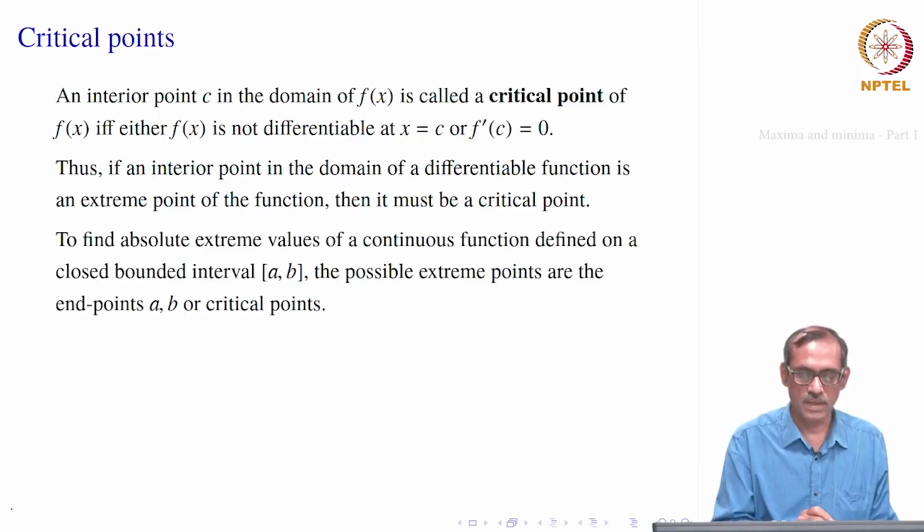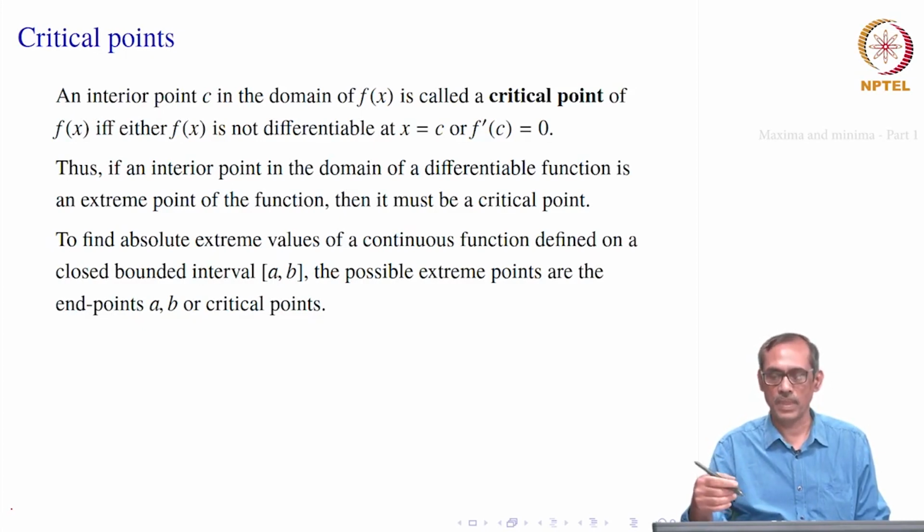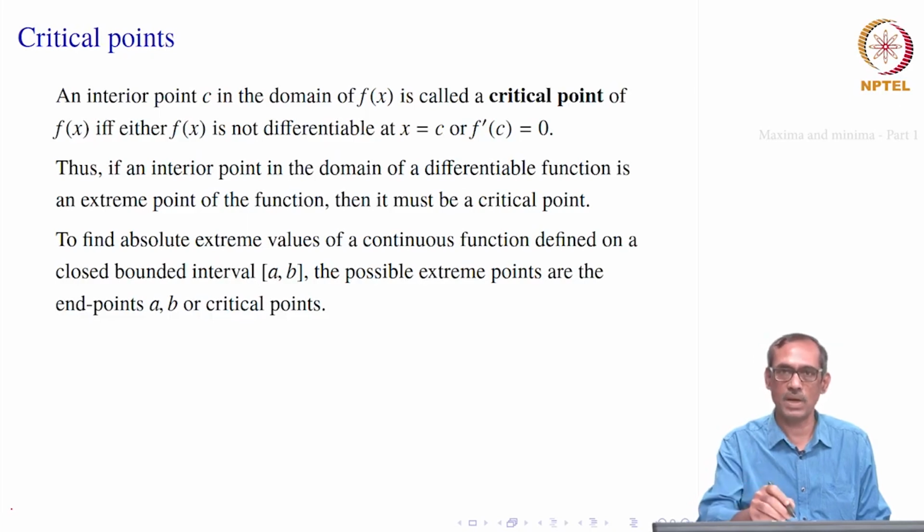Okay. So, now where to search for these extremum points? Suppose there is a maximum, then if it is an interior point, it has to be a critical point, right. It has to be a local maximum first. So, it is a critical point, and if it is not an interior point, say the function is defined over a closed interval, then it can be an end point. So, all that we have to search now for absolute maximum is critical points and the end points.